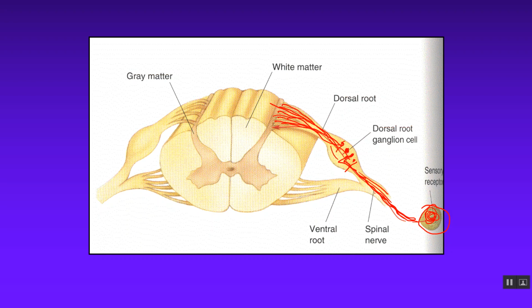They can be long or short, depending on where they're going in your body. If it's coming from your lumbar spine going to your toe, that's a long axon that's going to go all the way down to your toe. And it's these axons, both here and here, that are classified as the 1As and 1Bs and those kinds of things, depending on how myelinated they are, what their diameter is, and what function they're subserving. Okay.